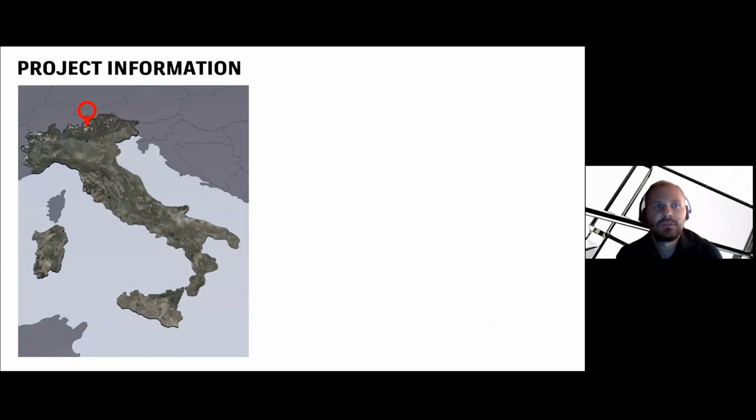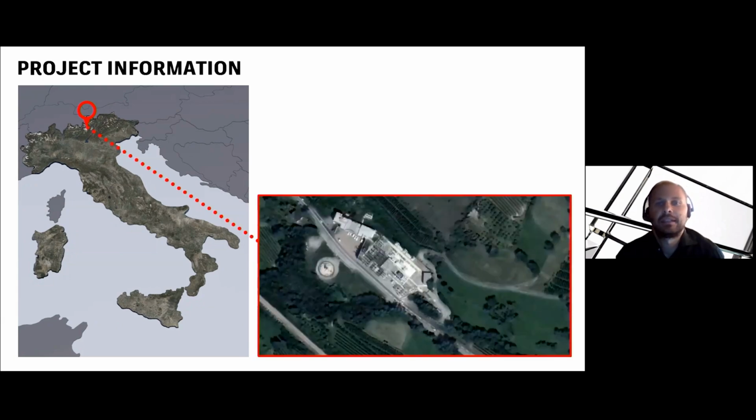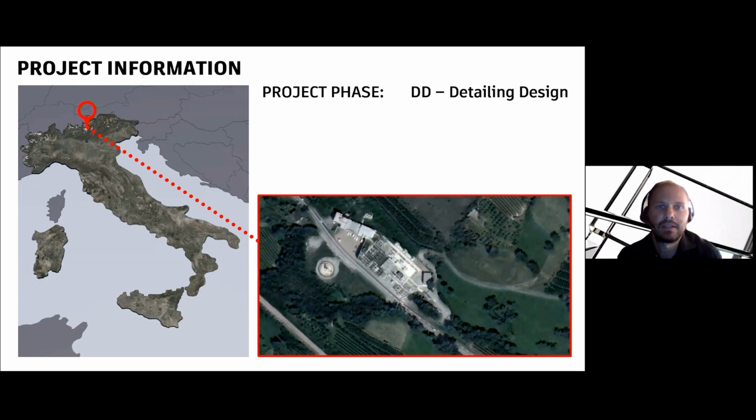So just a few pieces of project information. The site is in the north of Italy, near the border between Italy and Austria, and this is the site. And these are some main information of the project. The project phase is detailed design stage, that is rebar detailing.